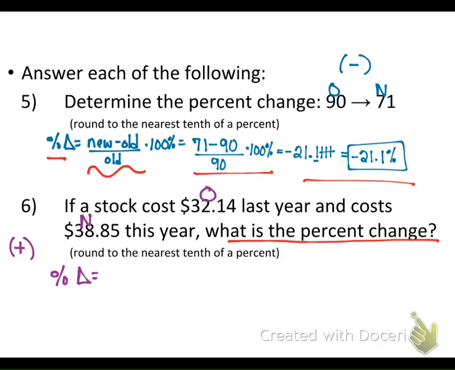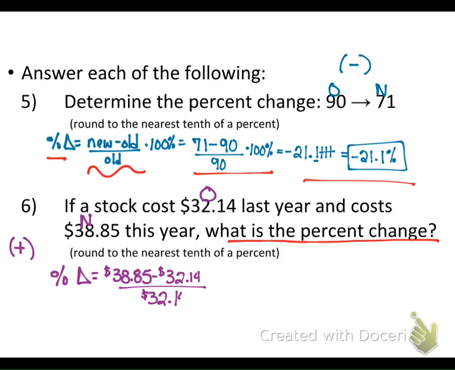Looking at my formula, what number do I substitute for new? $38.85. My formula says I'm going to subtract the old number from that. What's my old number? $32.14. And I'm going to divide that by my old number, which is $32.14.